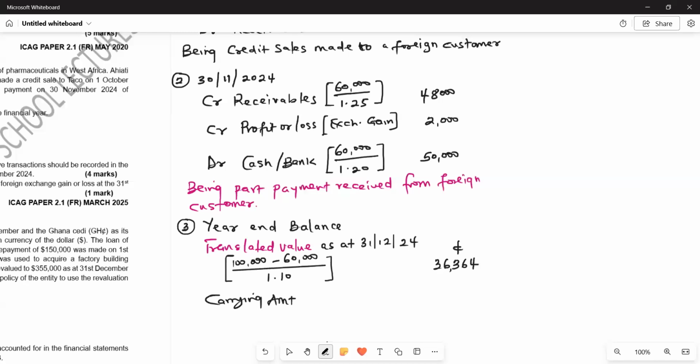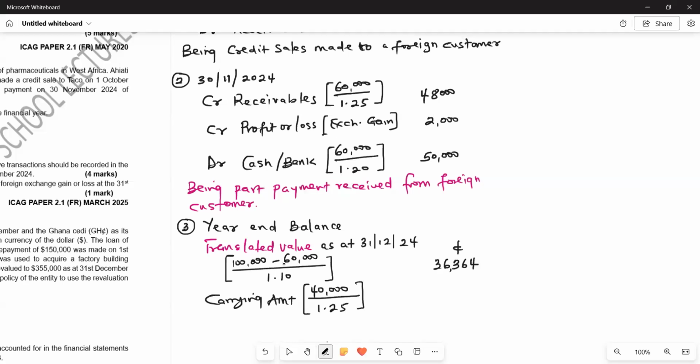If there was no movement in the rate, you would have expected 40,000 over 1.25. True or false? True. So next year, if there's movement, we'll be comparing 1.1 and that movement. Did you get it? So the 36,364 is what we are going to recognize as receivables in our books.